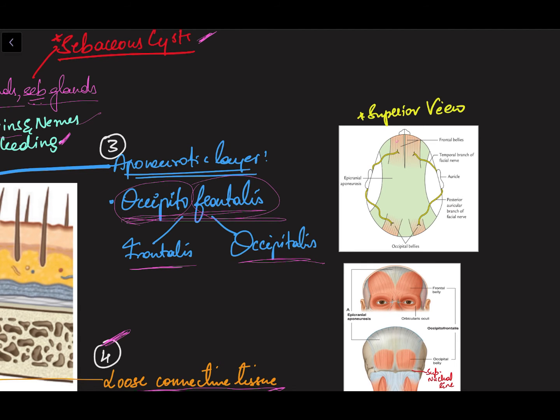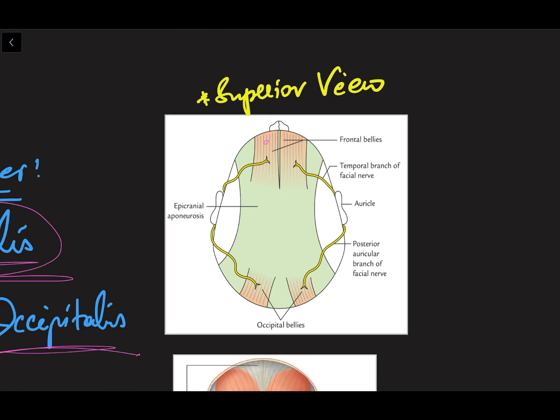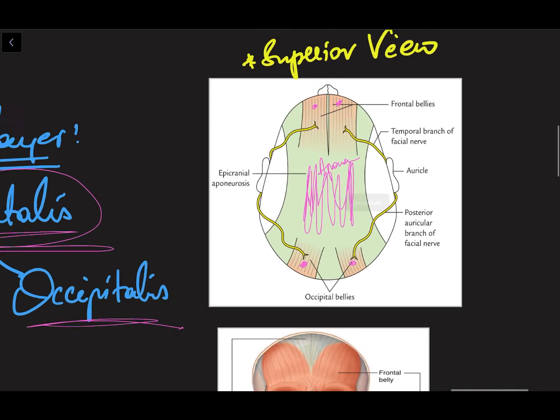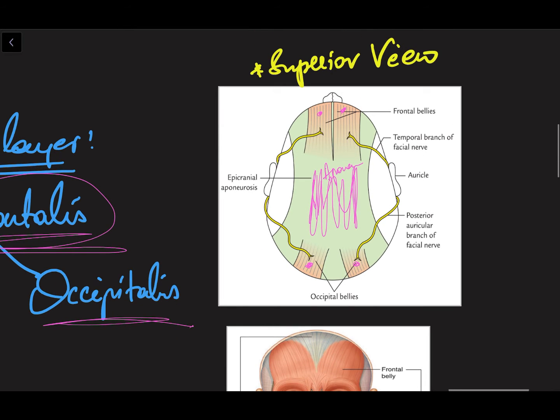If you see this diagram, this is a superior view, this is the frontalis muscle, and this is the occipitalis muscle. This flat sheet connecting both muscles is called the aponeurotic sheet, right? Pretty clear about this layer. The two muscles, frontalis and occipitalis, stretch and maintain the tension of this aponeurotic layer.